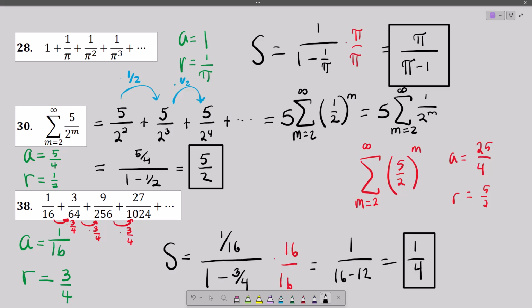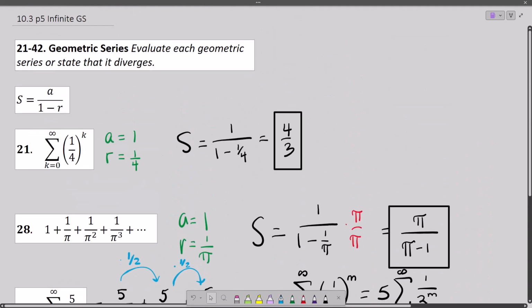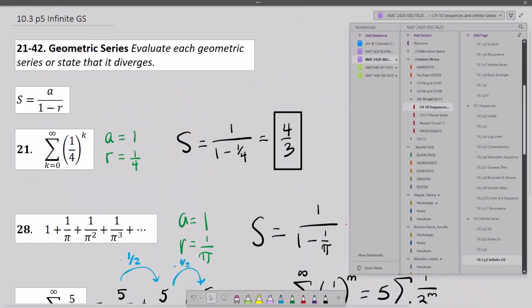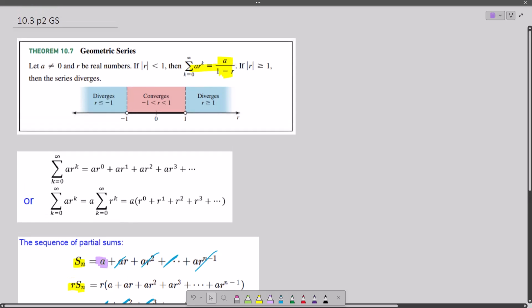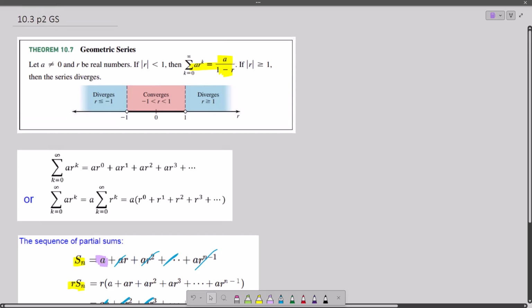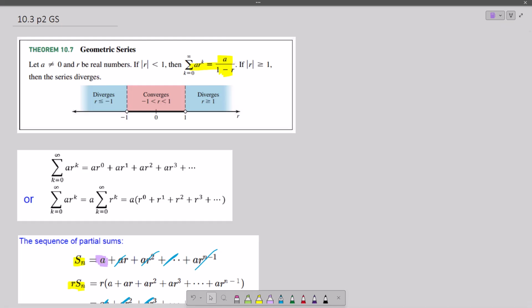It's not as obvious what r is though. So when you pull the m to the outside like that, then you can see the r a little more clearly. If we look at the generic form of a geometric series, usually they are going to write it in this form, where r is raised to a power, so the exponent is on the outside.